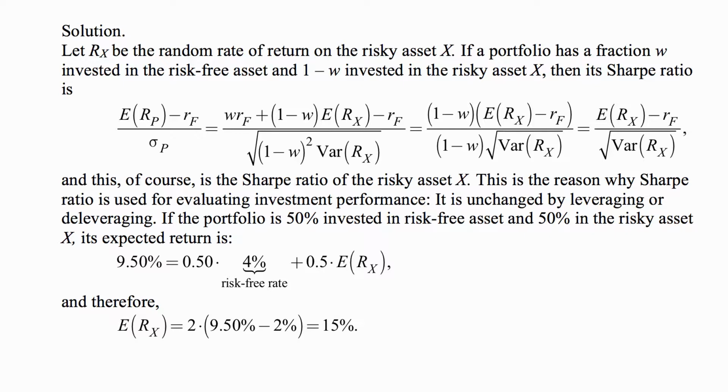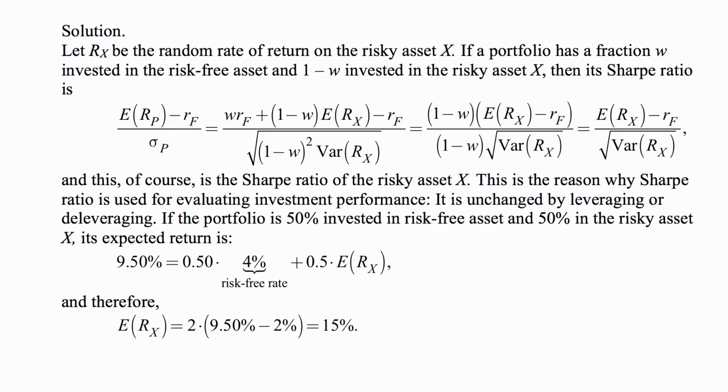Because the risk-free asset doesn't have any variance or covariance, it's only the risky asset portion, and its variance would be the coefficient 1 minus W squared times the variance of Rx. And of course the square root of that would be 1 minus W times the square root of the variance of Rx, the standard deviation of the rate of return of the risky asset X.